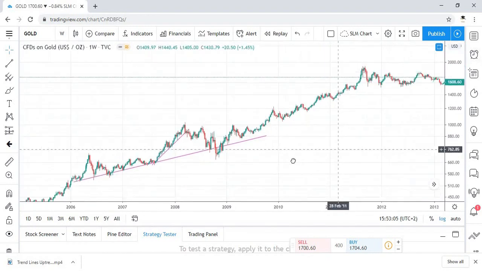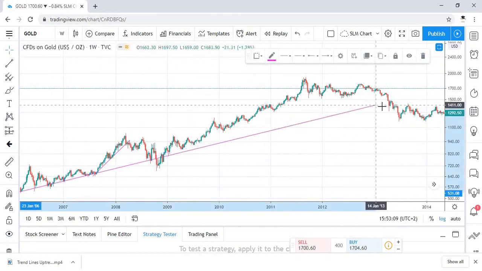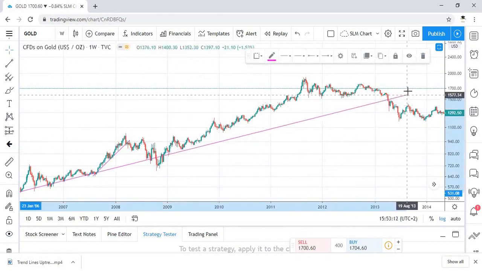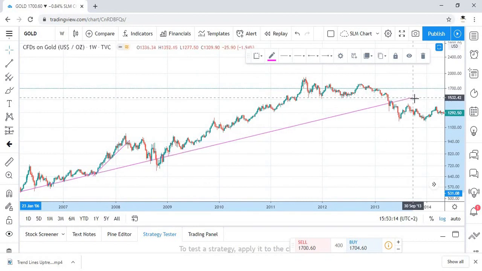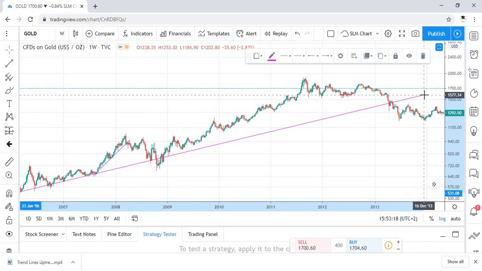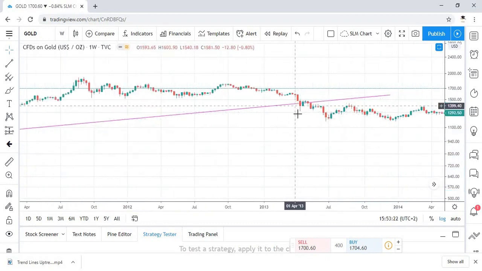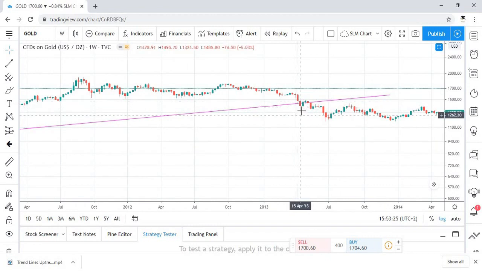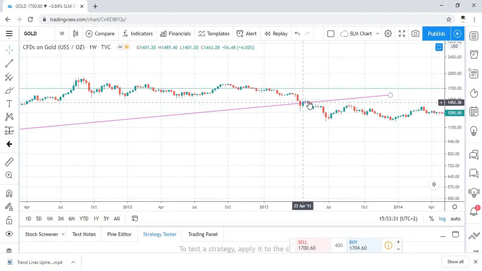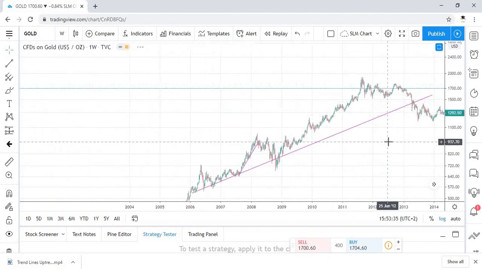Now, if we continue with this line, you would be able to see that, let's just see, our line was coming this way. So we just want to see what happened there. You see that it managed to break down. Then the price managed to push up a bit. For about 2 weeks, the price closed above that same line before it dropped down on the other side.